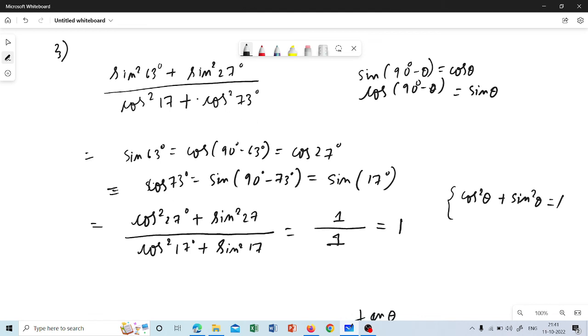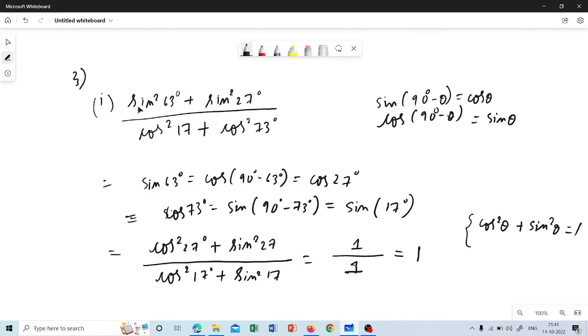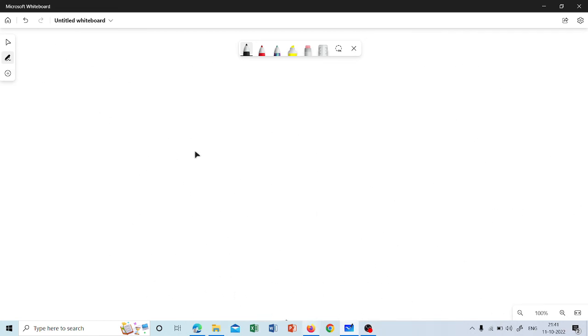Similarly, I can go for the second part also, and we can solve it in a similar manner.